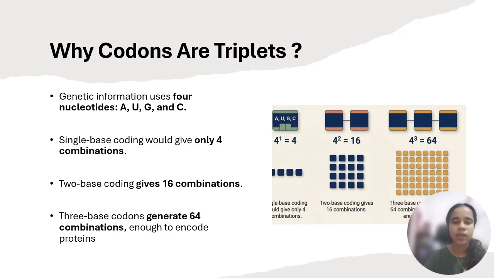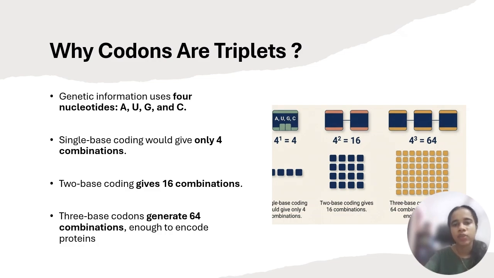Now let's discuss why the codons are triplets. Why are there 3 bases per codon? Why not just 1 or 2? The genetic code is built from 4 nucleotides, A, U, G, and C, which are adenine, uracil, guanine, and cytosine. If the amino acid were coded by just one base, we would have only 4 possible combinations, and that is not enough. Even with 2 bases, we'd only get 16 combinations, which is still insufficient to represent all the amino acids.